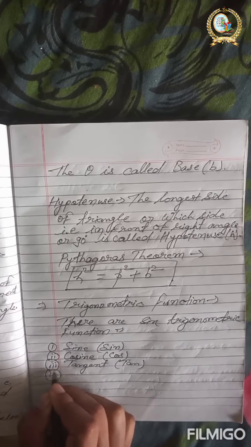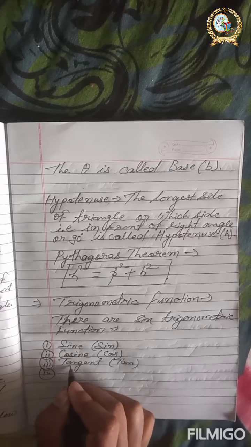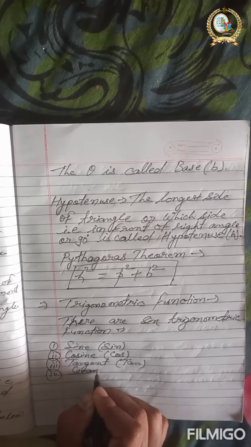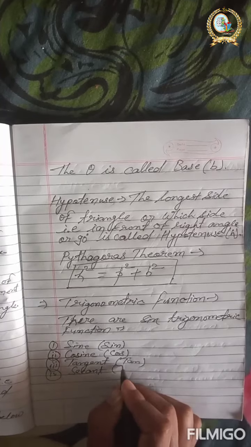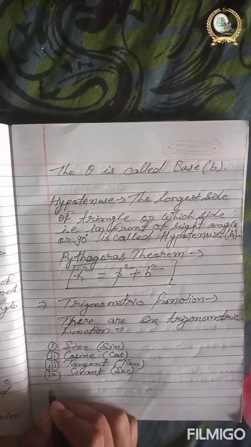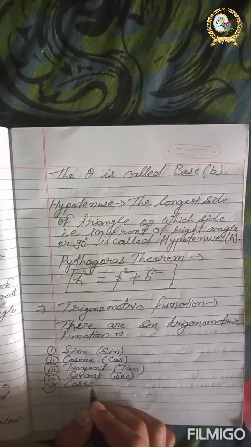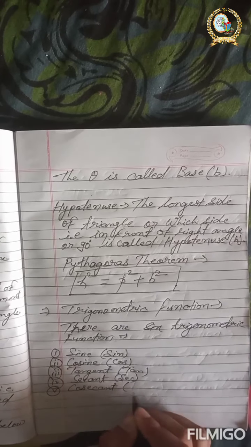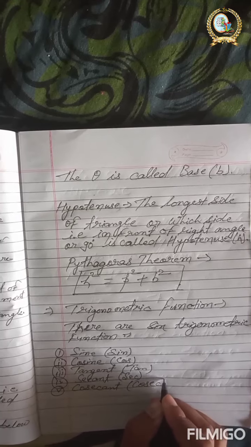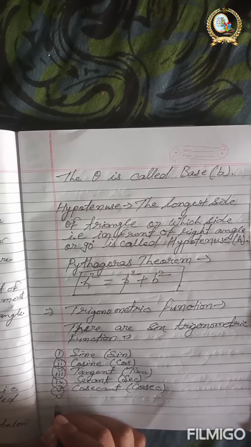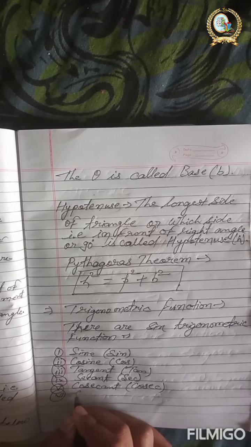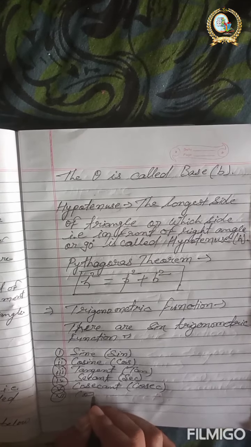Another one is secant, written as sec. Another one is cosecant, written as cosec. And last is cotangent, written as cot.